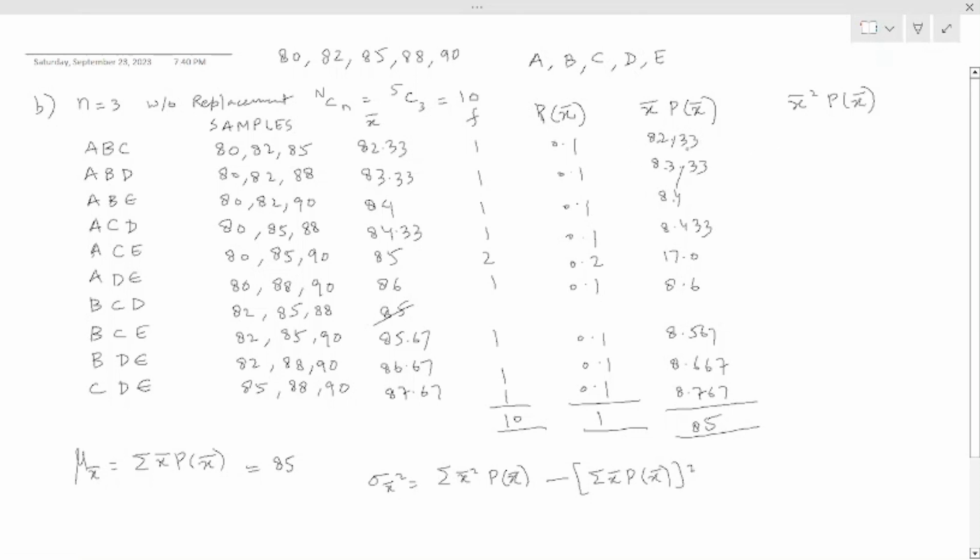So what we do, I am telling you the sum directly, you should be getting 7227.27 as the sum.